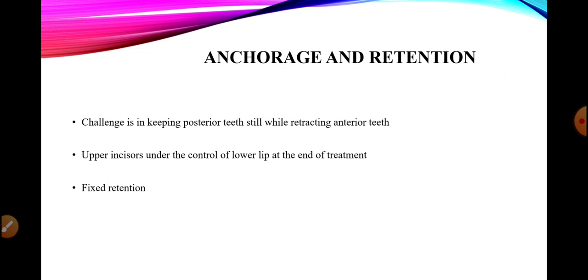Then in case of severe discrepancies more than 8 degrees, we'll be going for orthognathic surgeries. And there are various types of orthognathic surgeries: mandibular forward surgery, that is mandibular advancement; maxillary backward surgery, that is maxillary setback; or the differential surgeries for the maxilla, in which the maxillary upward differential surgery or a genioplasty can be performed in cases of surgical orthodontics.